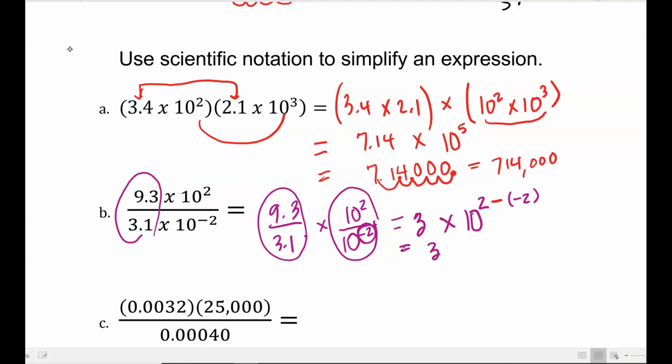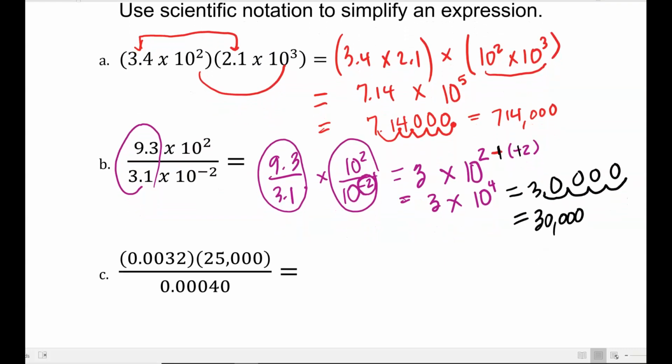So what we have is 3 times 10 to the 4 power, since we have a plus here, right? Negative times negative is positive. So this is 3 times 10 to the 4 power. If we write that in standard form, then you're going to move that 3.0 decimal 4 places to the right. 1, 2, 3, 4. And what do you have? It looks like we have 30,000.